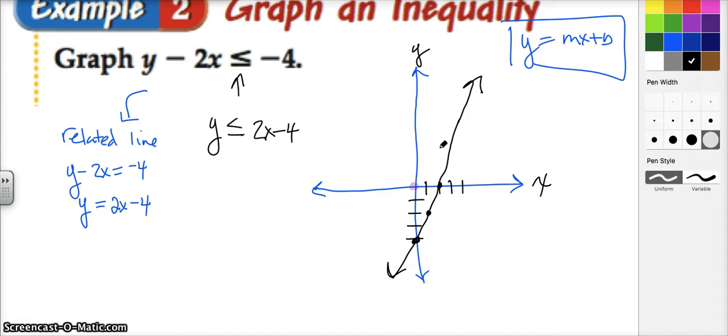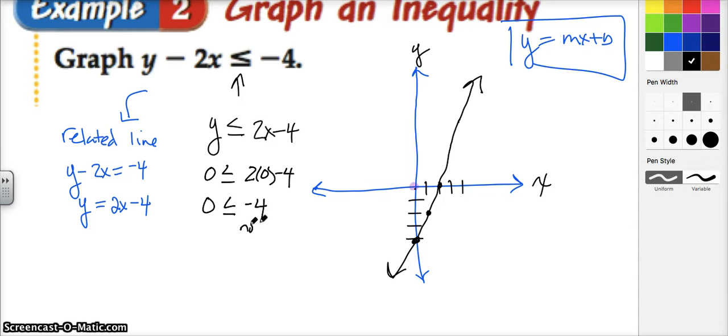So now I'll plug in 0, 0, which is the point that I'm concerned about, that guy right there. And so I plug in 0 less than or equal to 2 times 0 minus 4. Is 0 less than or equal to 2 times 0, which is 0, minus 4? Is 0 less than or equal to negative 4? Is 0 smaller than negative 4?